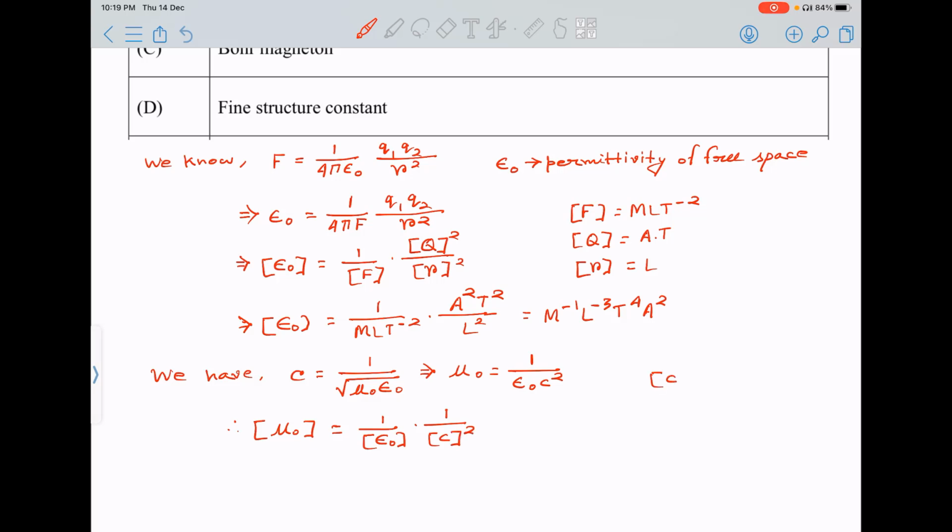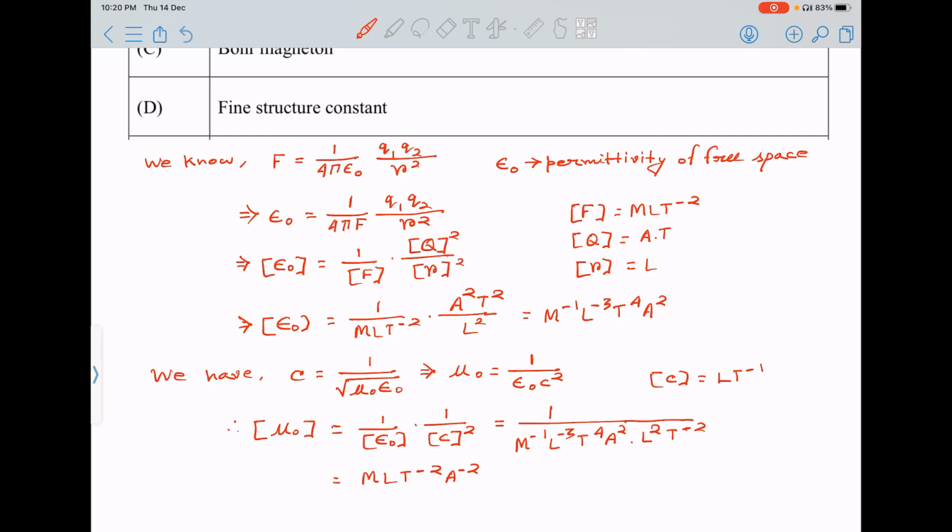And the dimension of c is simply velocity, so it is L T to the power minus 1. So we will get 1 upon M inverse L power minus 3 T power 4 A square times c whole square, so L square T to the power minus 2, and the total dimension will come out as M L T to the power minus 2 A to the power minus 2.